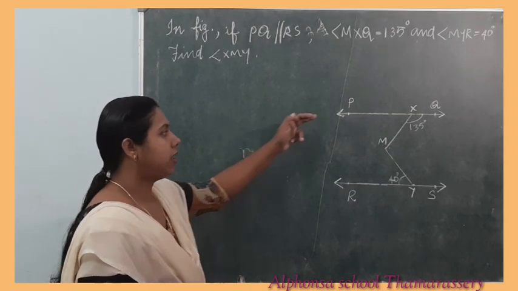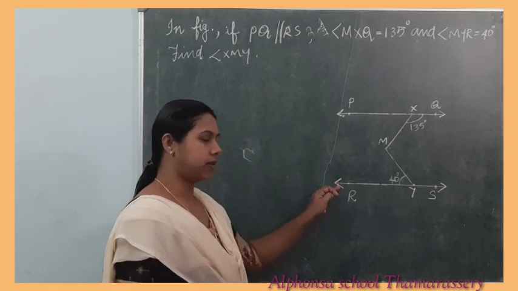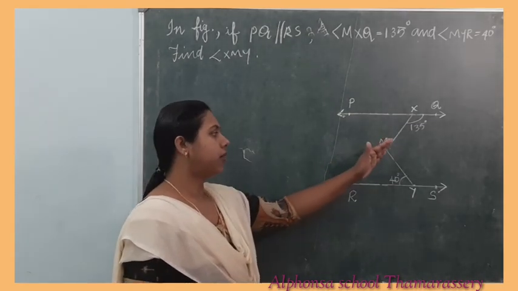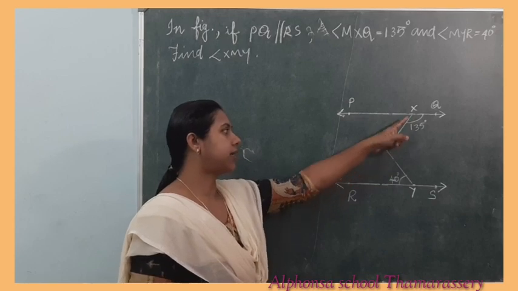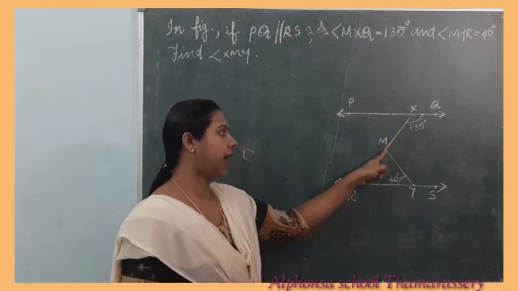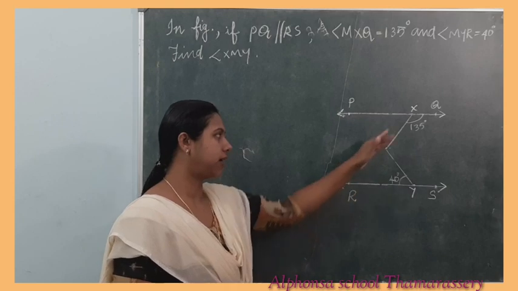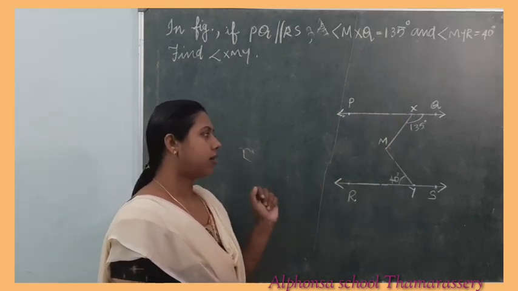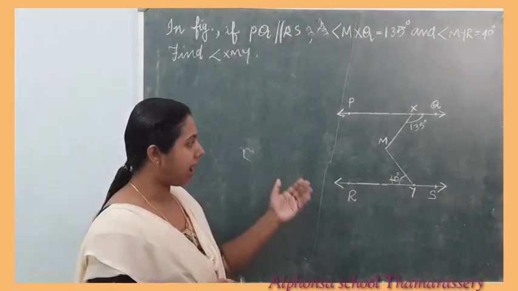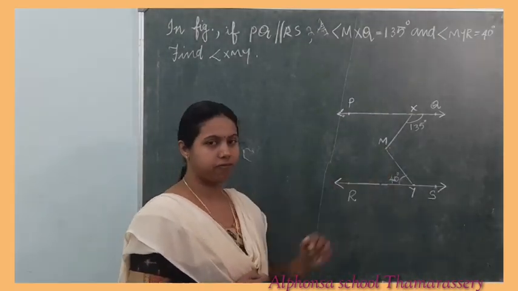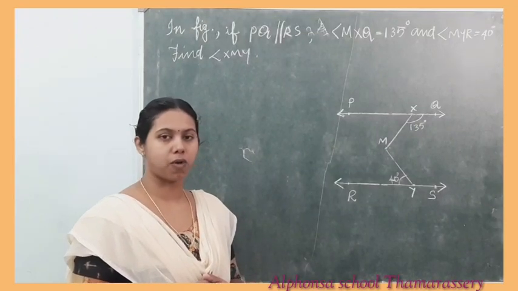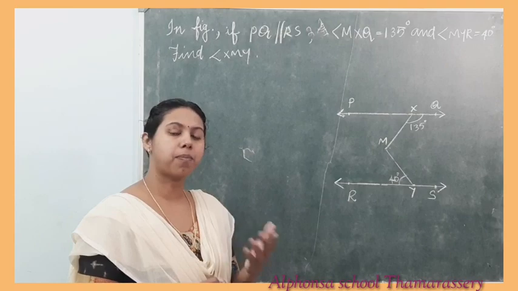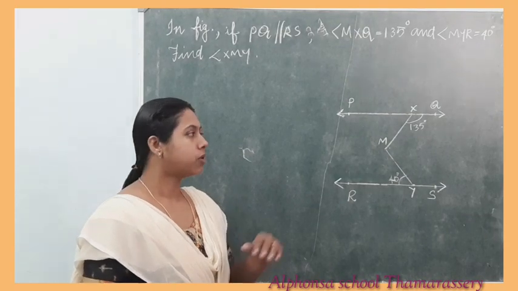If this line is parallel to this, you can see that if you extend the line MX to this side, you will get a transversal. Or you can construct one more parallel line through the point M. Now we only studied theorem 6.6: lines which are parallel to the same line are parallel to each other.